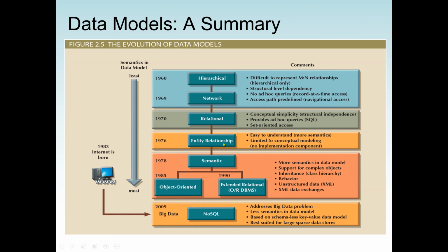Then we have the entity relationship model, easy to understand, with more semantics, but limited to conceptual modeling. Then within the semantic, we have object-oriented, then the extended relational model. Then by 2009, big data, where we use NoSQL. This addresses the big data problem, with less semantics in the data model, based on schema-less key-value data modeling.